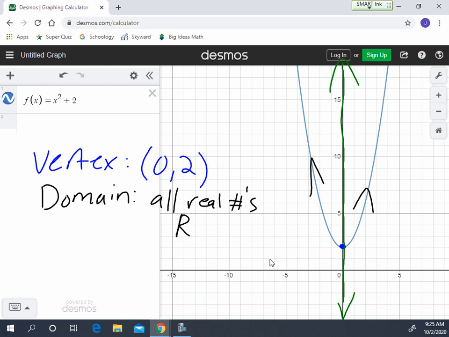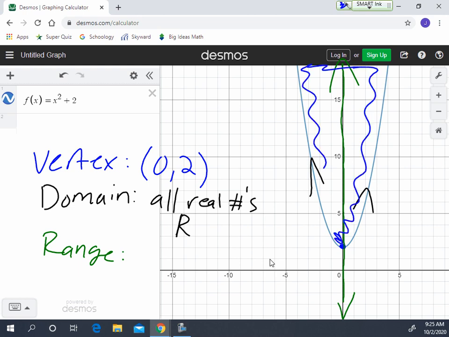Okay. How about our range? Has our range changed? Yes, it has. Okay, because notice our range is all these numbers. And so everything above 2. So y is greater than or equal to 2.